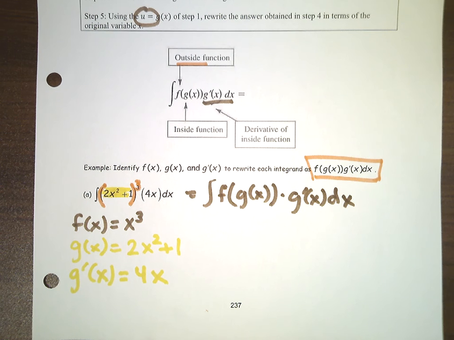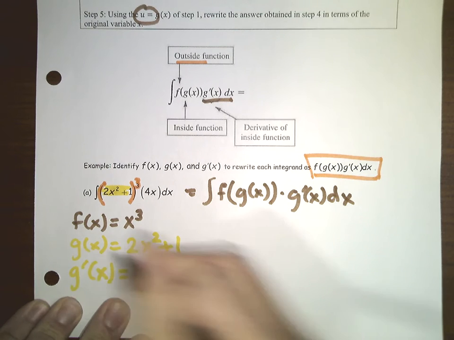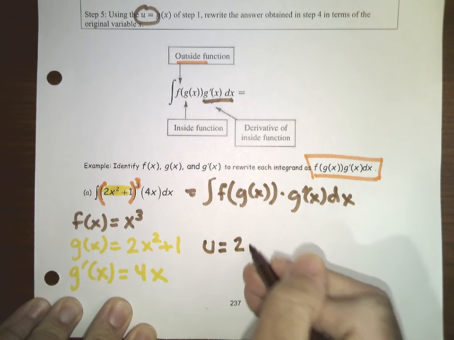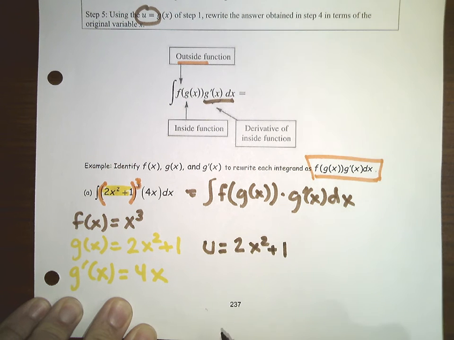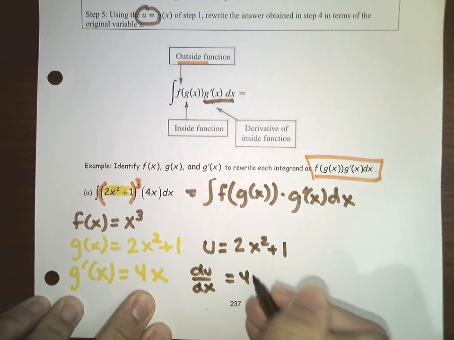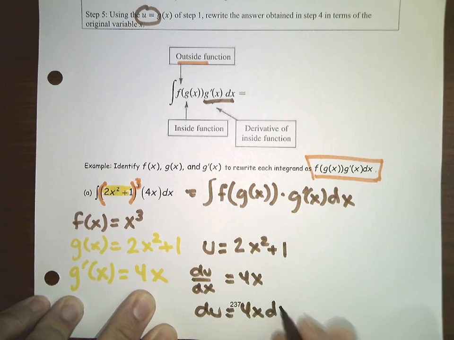Now, that notation gets a little bit crazy at times, right? So what people usually do is rewrite g of x as just u. So u is 2x squared plus 1, and then du dx would be 4x. But then I can rewrite it in differential form to get du is 4x dx.